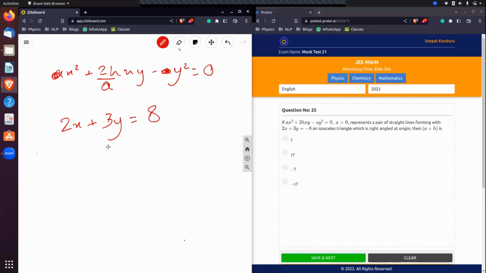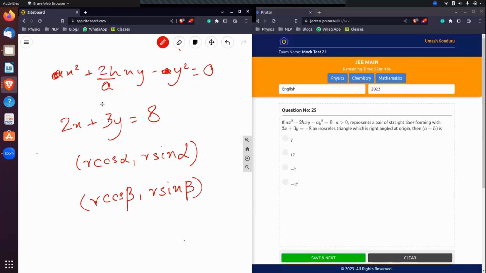So since those 2 points are equidistant from the origin, you can represent them as r cos alpha or r sin alpha. It's 2 points on a circle with origin as the center. Now this will have to satisfy both these equations.